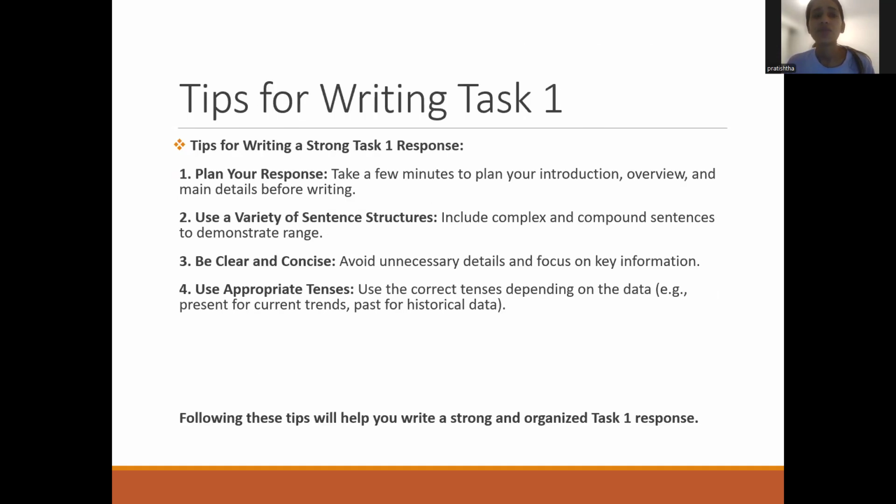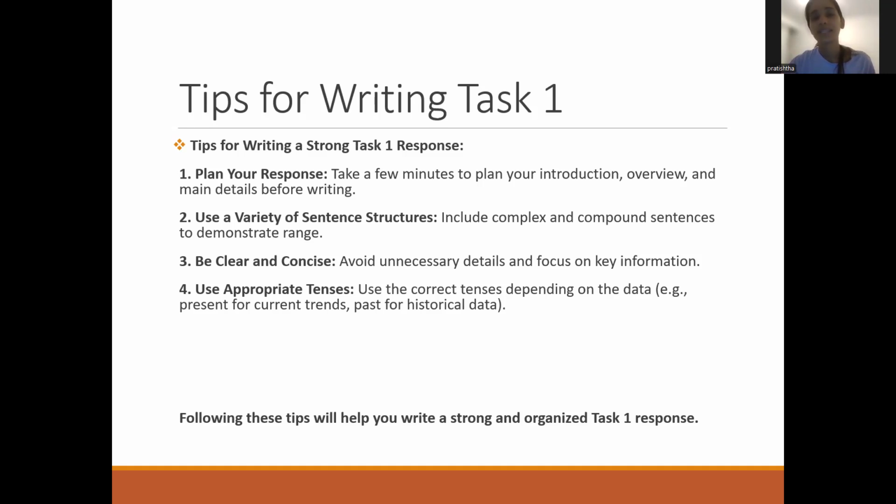We will do an activity, but let's just go through tips for writing task 1. Tips would include that you need to plan your response, right? Use a variety of sentence structures. So all the sentence structures that we have done before, just use them. This is the time to use them. Be clear and concise.